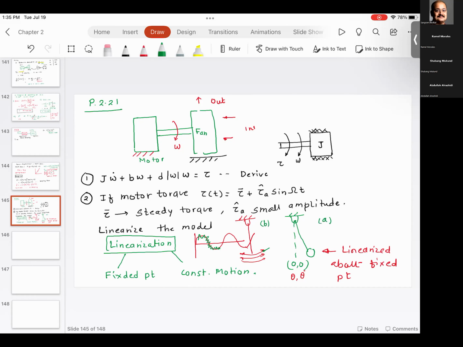Now I want to ask you this question because this is a theoretical question that is important. Now in case A, everyone understands we are trying to find out the motion of this pendulum about this fixed vertical point, which is 0, 0, where the displacement is 0 and velocity is 0. Now imagine that this is like a grandfather clock. This is the pendulum of the grandfather clock, oscillating back and forth.